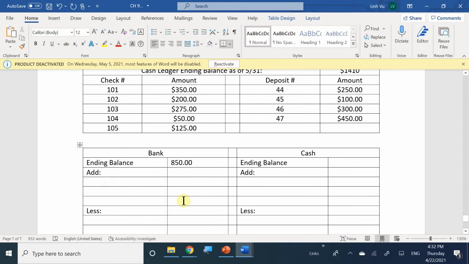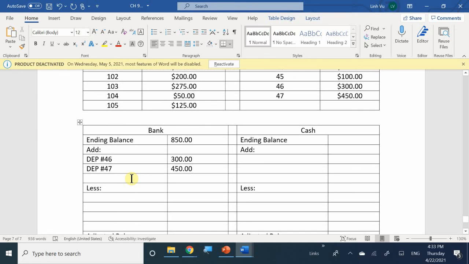So here, deposit number 46 for $300 and deposit 47 is for $450. Right? So, yes.